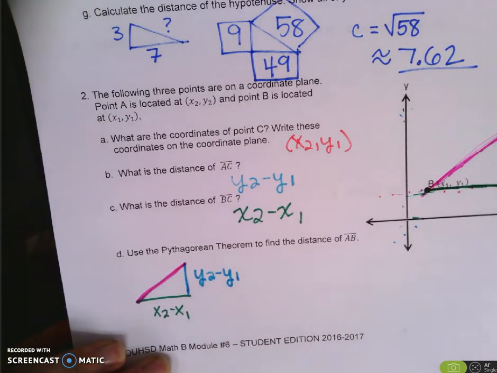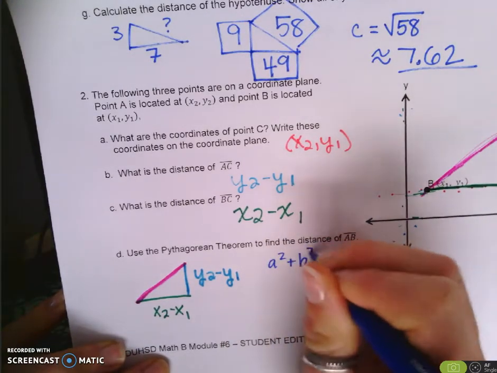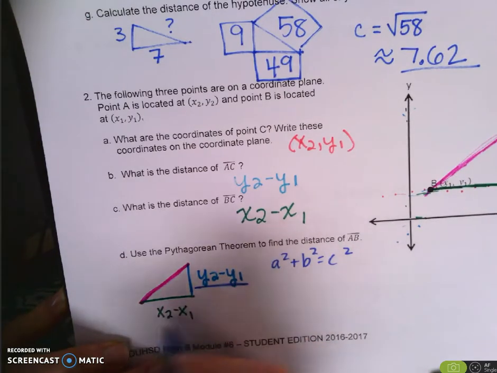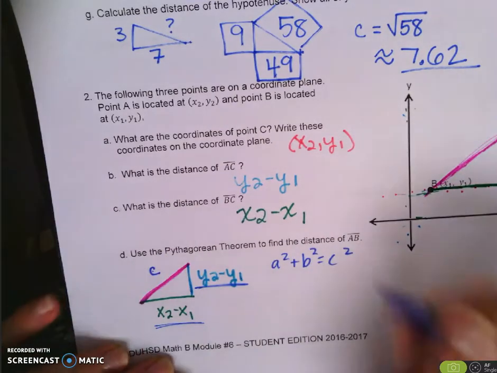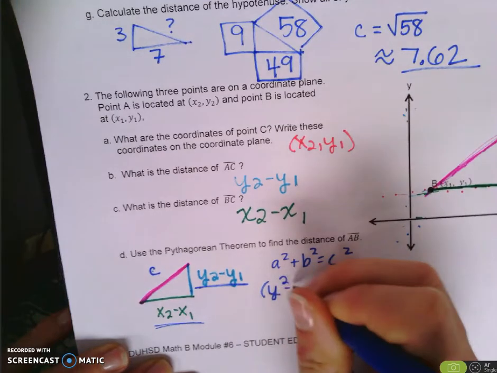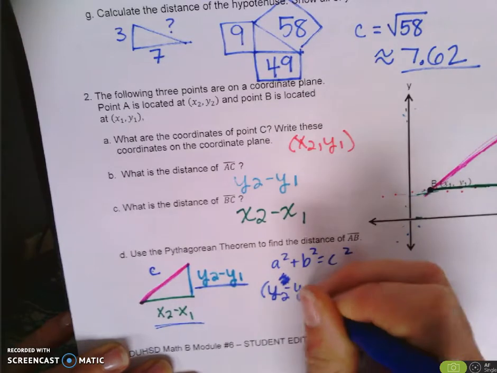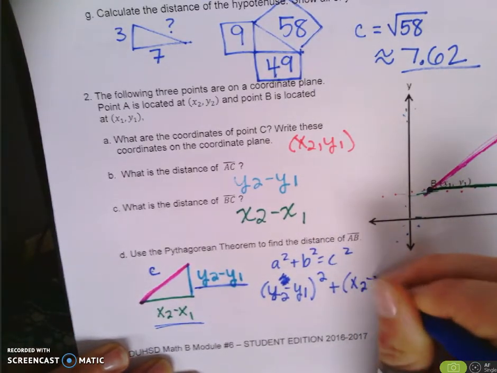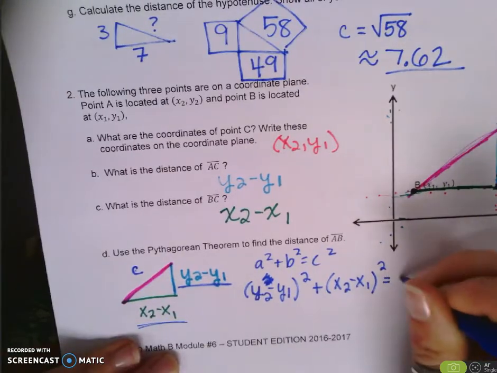is. But remember, the Pythagorean theorem says that a squared plus b squared equals c squared. So we have a squared and b squared should equal our c squared. y2 minus y1, oops, the 2 goes down there, sorry, squared plus x2 minus x1 quantity squared is equal to c squared.